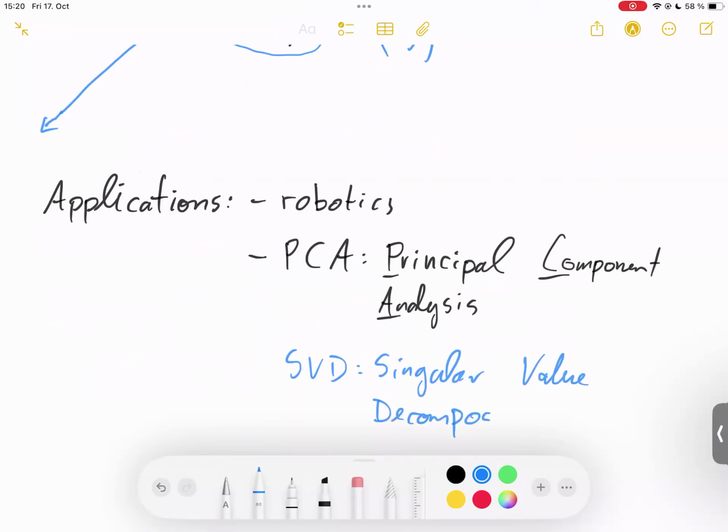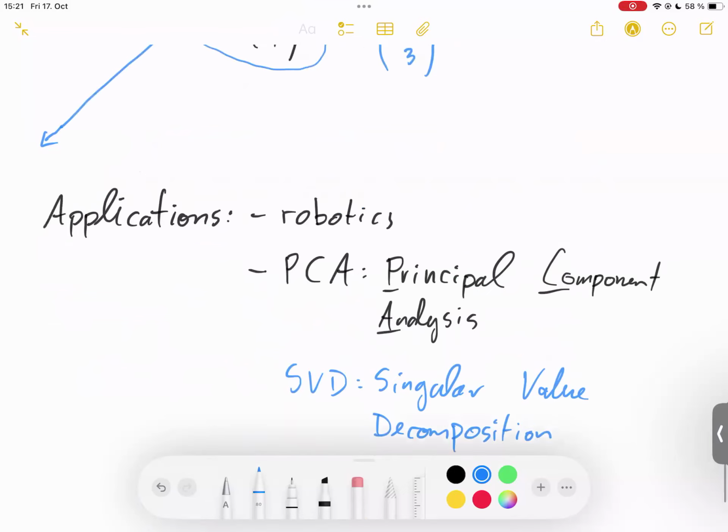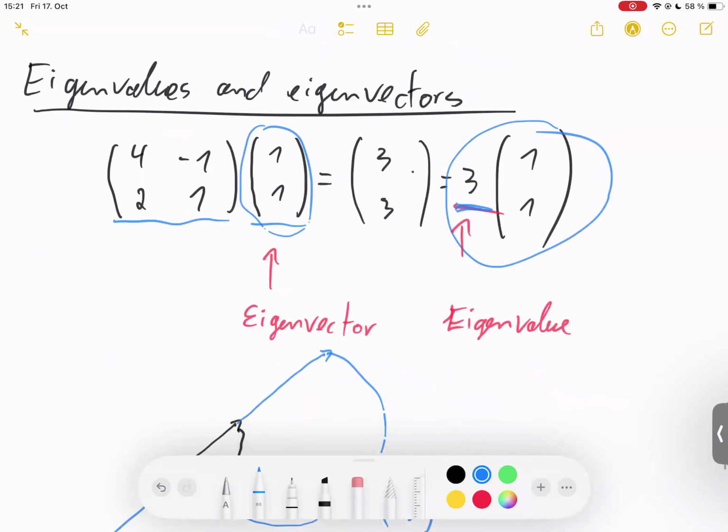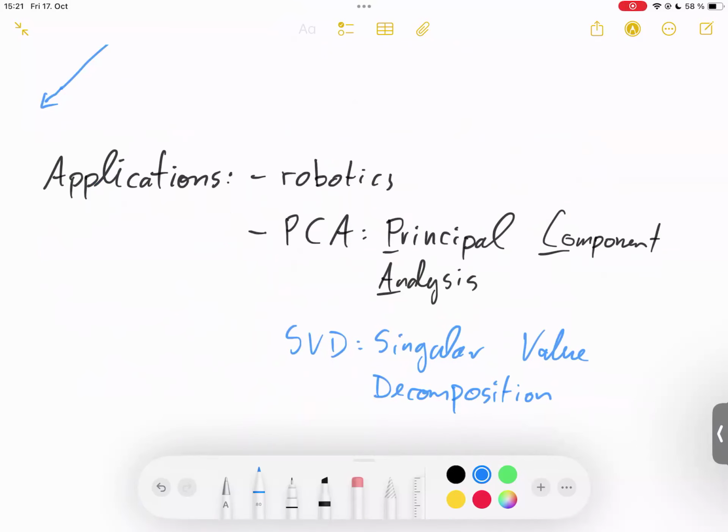This can also be used for PCA, which is more or less just a generalization of this eigenvalue and eigenvector approach. But SVD is a more advanced concept from linear algebra, so we don't need this here in this revision. Someone also has come across eigenvalues, eigenvectors for PID controllers and closed loop systems in control engineering.